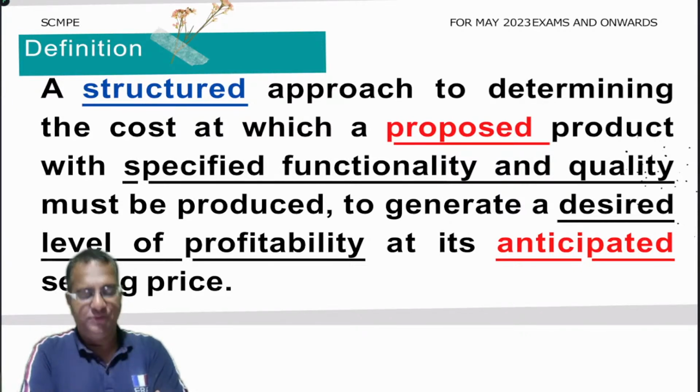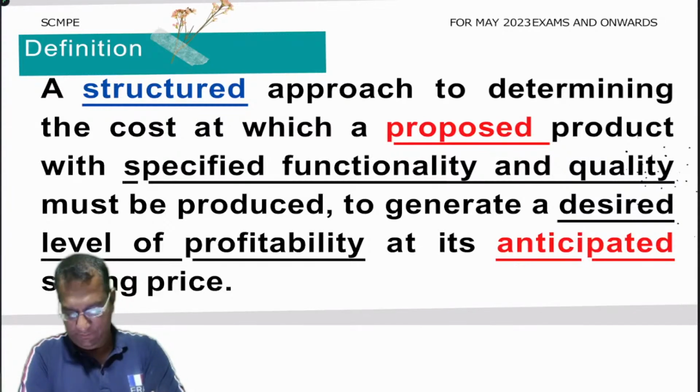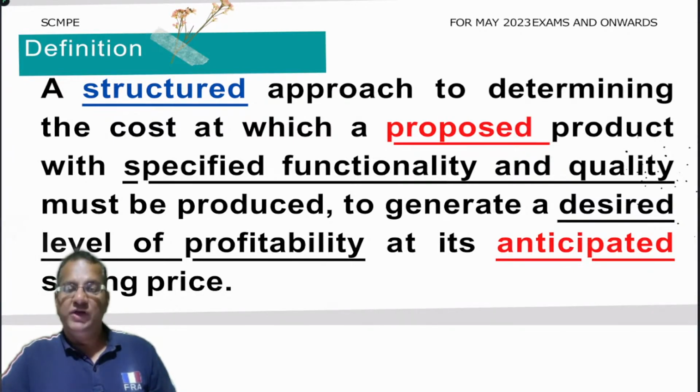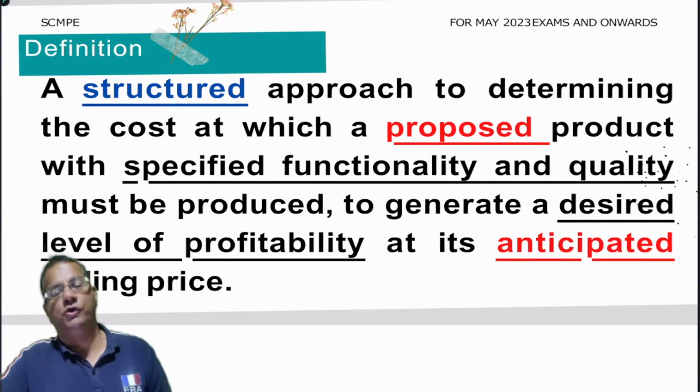It's a structured approach to determine the cost of a proposed product with specified functionality and quality, comma, to generate a reasonable amount of profit at its anticipated selling price.